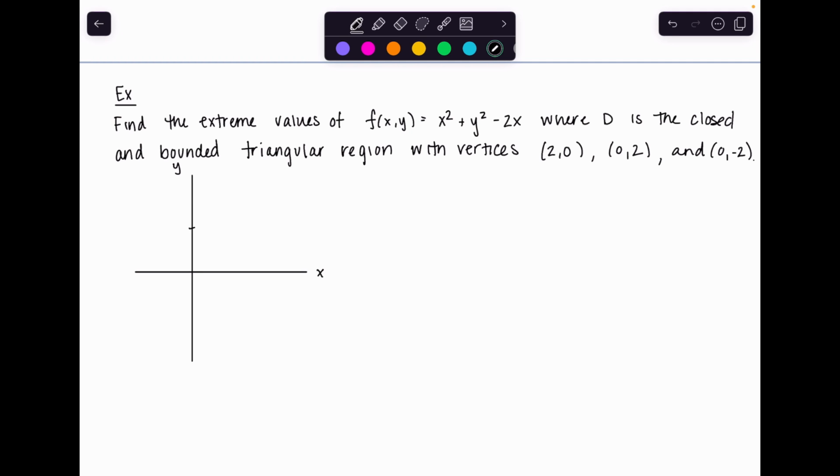And they tell me it's closed and bounded, which is nice. I don't have to go through and verify that. So one vertex is at (2, 0), the other vertex (0, 2), and then (0, -2). So I get this triangular region.